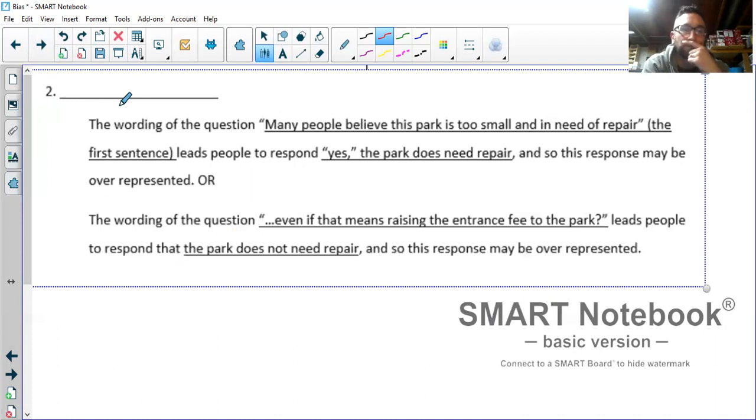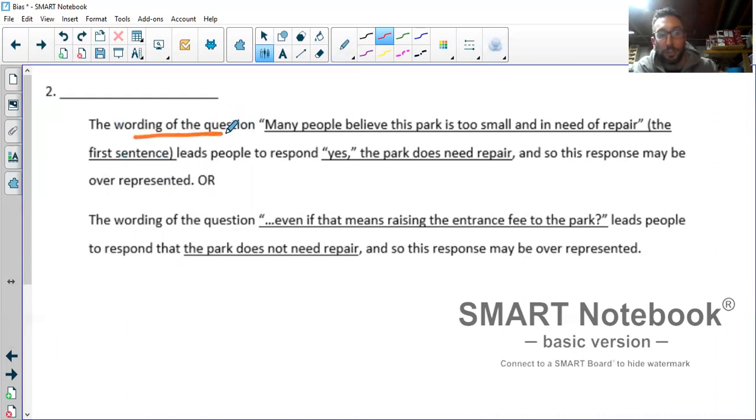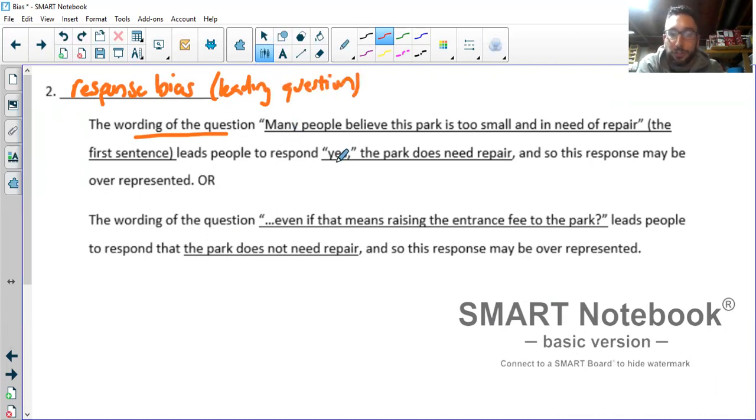How about this one? I intentionally left this open to both types of bias. And since we're talking about the wording of the question, hopefully we immediately know we're talking about response bias. Now, if you are writing about response bias, that leading question, notice how I didn't just say the question leads people to say yes, the park does need repair, right?